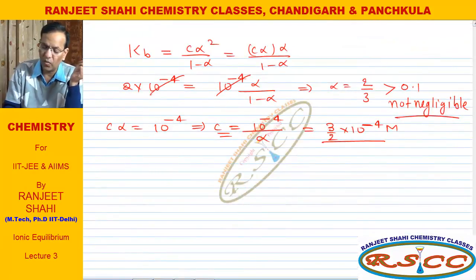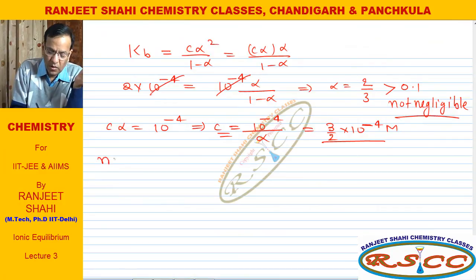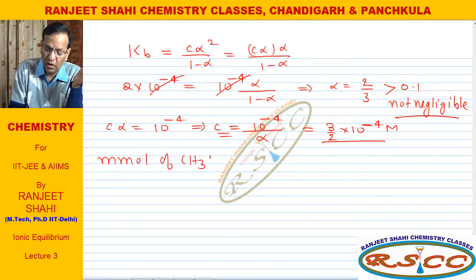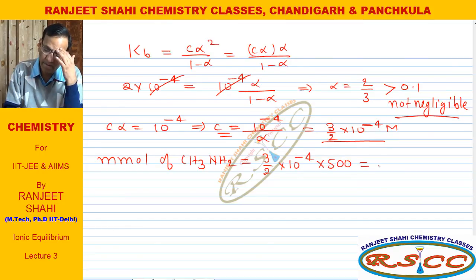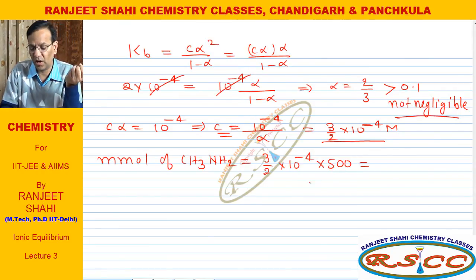So millimole of base can be known. Millimole of CH3NH2 is equal to molarity multiplied by volume. So 3 by 2 into 10 raised to the power minus 4 into 500. It is 3 by 2, 1.5 into 500, 750.